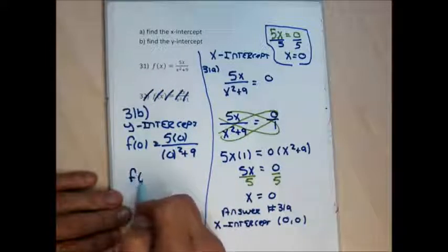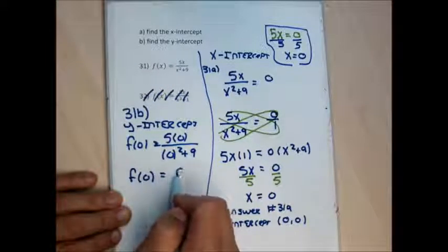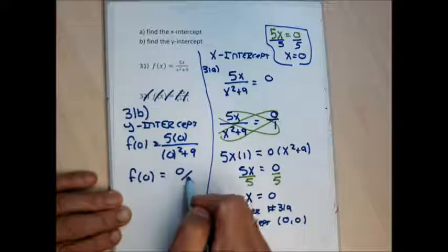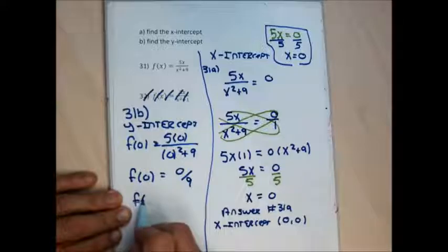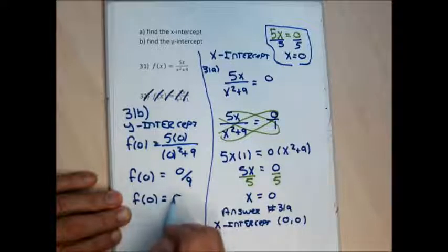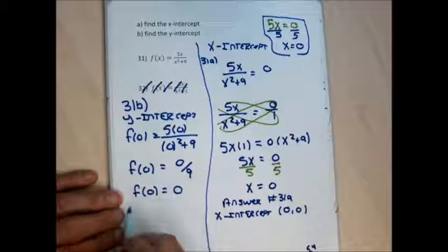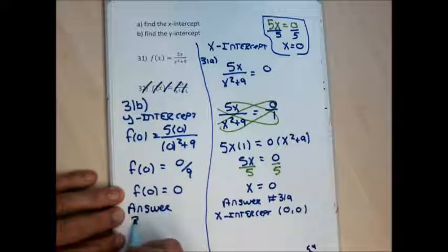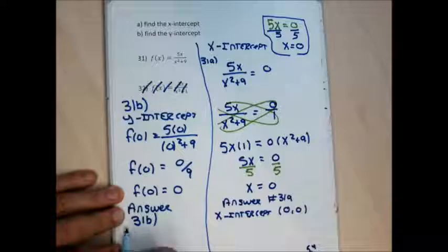And when I do this, 5 times 0 in the numerator is 0. In the denominator, the piece with 0 kind of goes away. It leaves me with a 9. I'm left with a fraction with a 0 in the numerator, and fractions with 0 in the numerator equal 0.